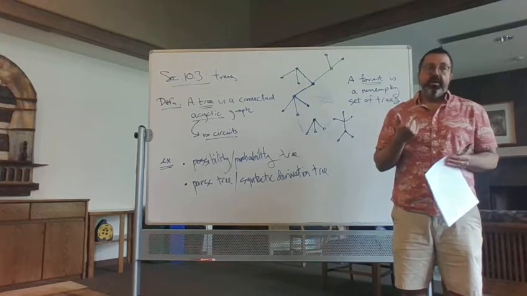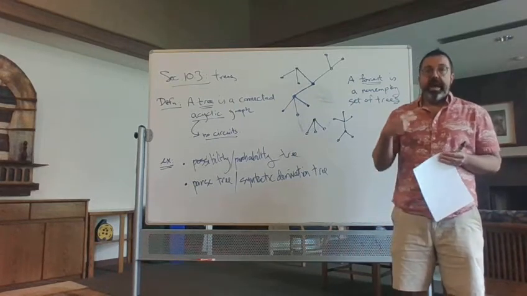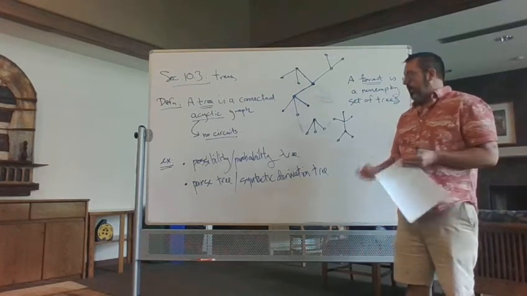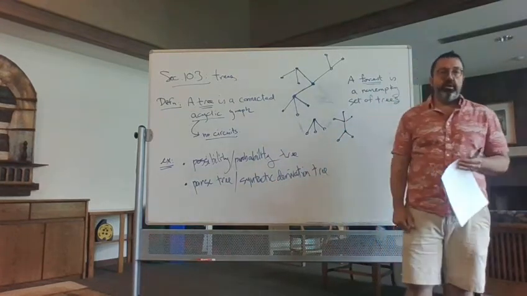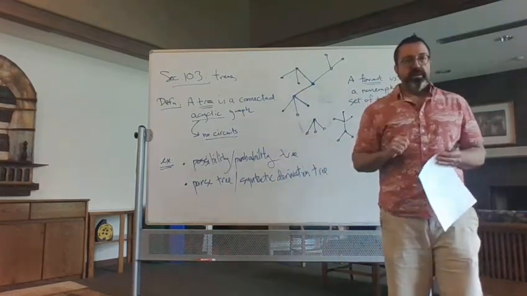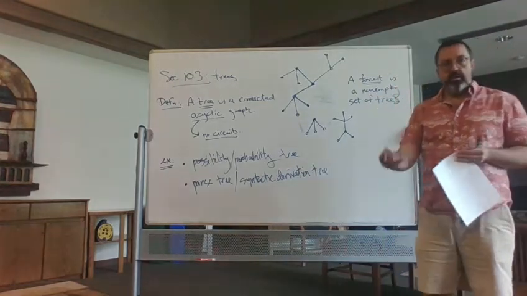If you've ever diagrammed a sentence in a natural human language, it's the same kind of idea. You're doing a syntactic analysis of the various components of the sentence, whether you've got a subject or a verb and so forth.